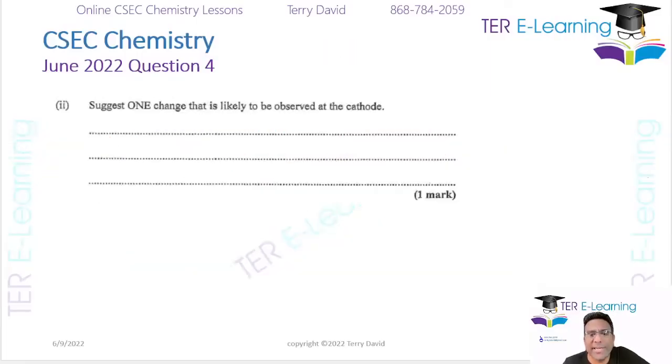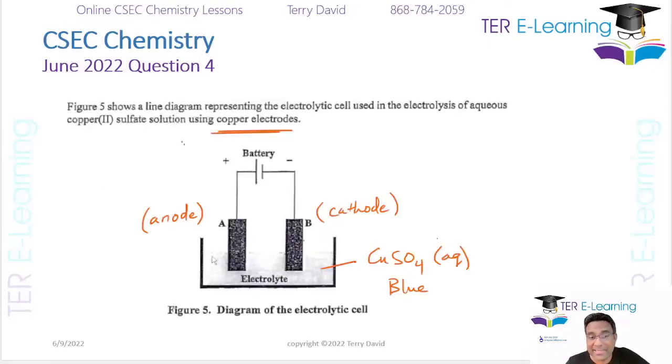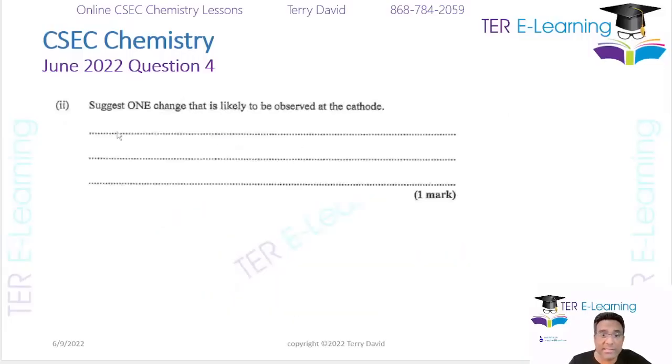So just one change that is likely to be observed at the cathode, right? So remember, in this particular, let's go back to the diagram. I always draw the diagram. I try not to guess. So what's happening here is that in the electrolyte here, your Cu2+ ions are going to migrate and they're going to deposit around this here. So one change is that you're going to see copper, or you can say the mass of the cathode increases, right?